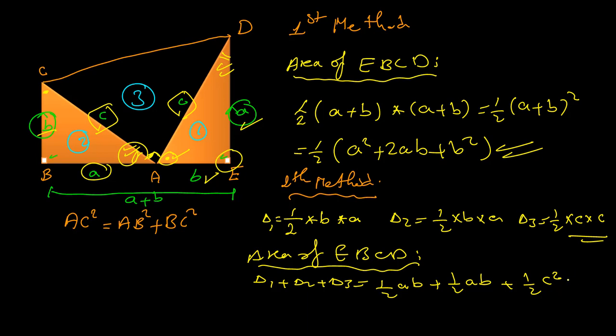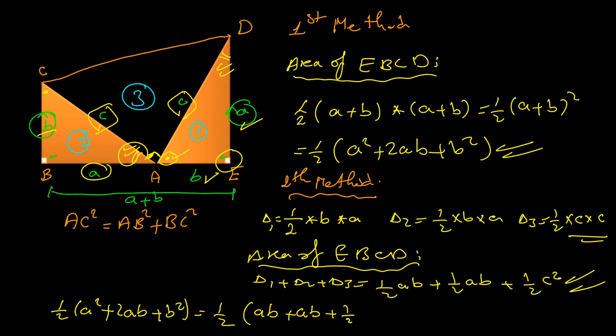Now I have two methods to calculate the area, so they are equal, the first method and the second method. Let's write this equality. Half times A squared plus 2AB plus B squared equals half times AB plus AB, plus C to the power of 2.